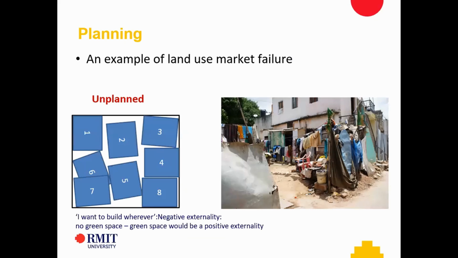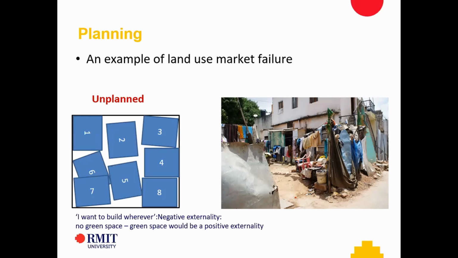And just having a look at land use to get a better understanding of this important issue. This is an example of land use market failure because it's disordered and it doesn't provide an optimum result for the people who live there, and it doesn't provide an optimum result for the people living around it either.